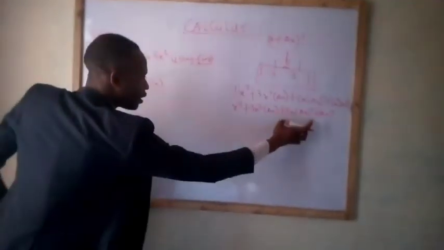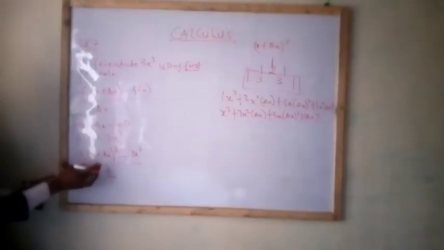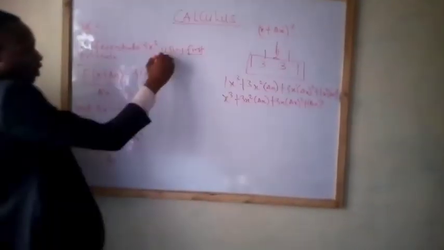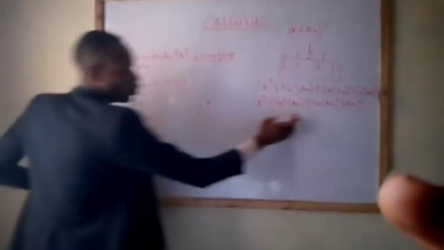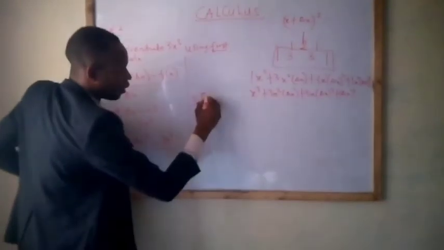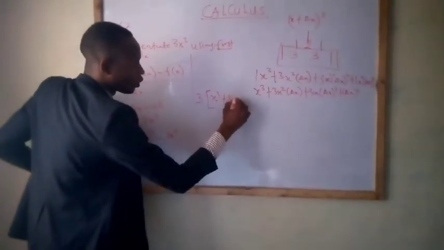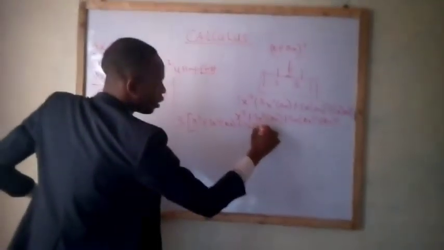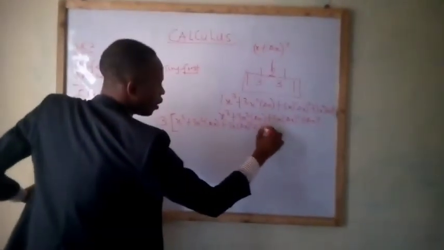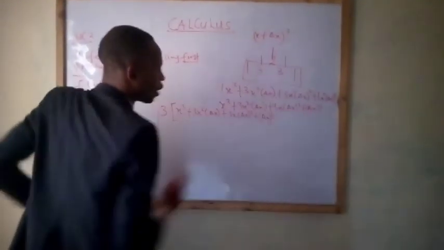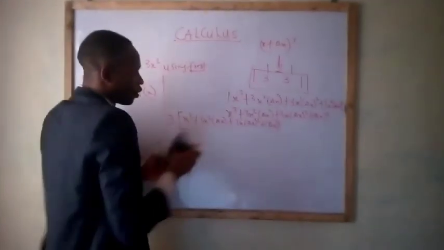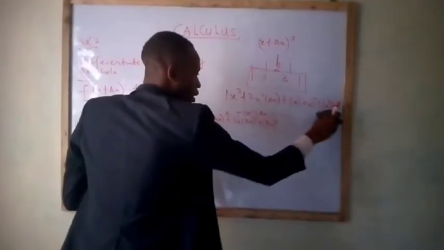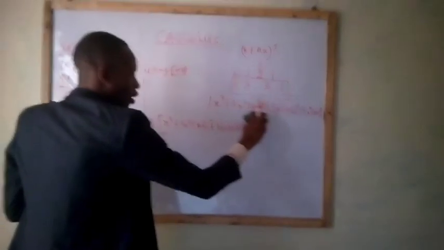So if I introduce it back into this equation here, I'm going to have something like this: 3 into bracket. So wherever I see this, I'm going to introduce the whole of this. So that's going to give me x cubed plus 3x squared delta x plus 3x delta x squared plus delta x cubed. Right? So let me rub off this part, sorry.